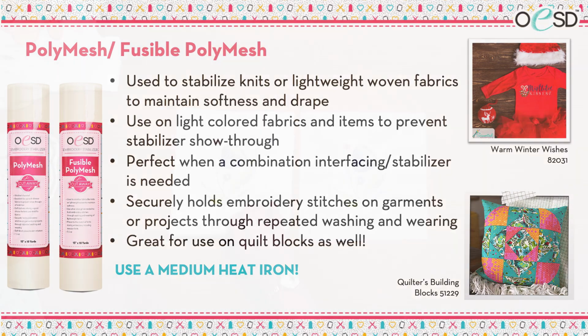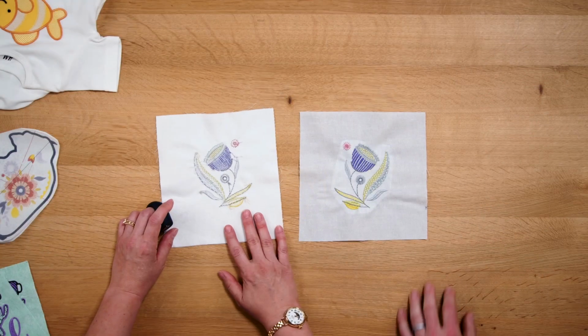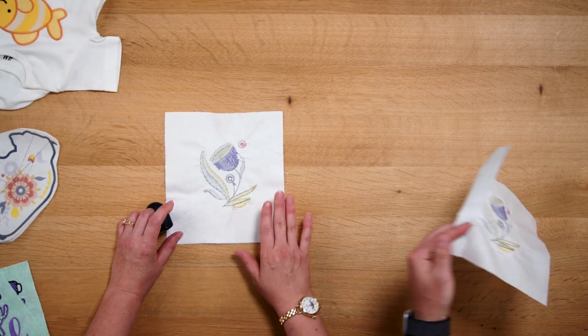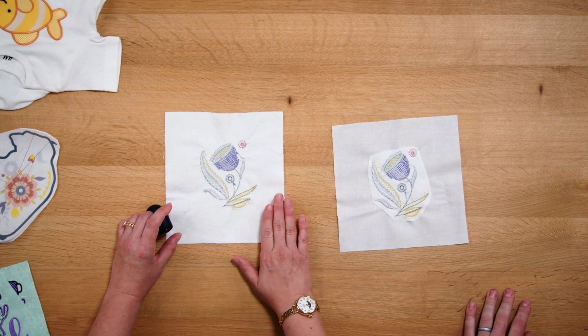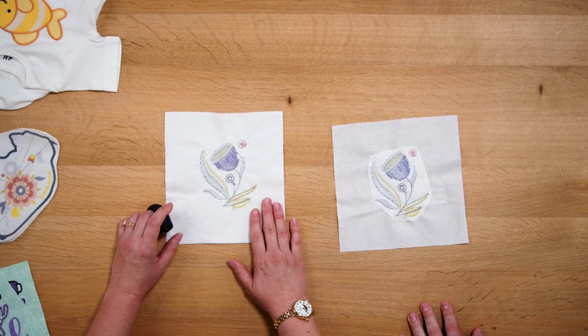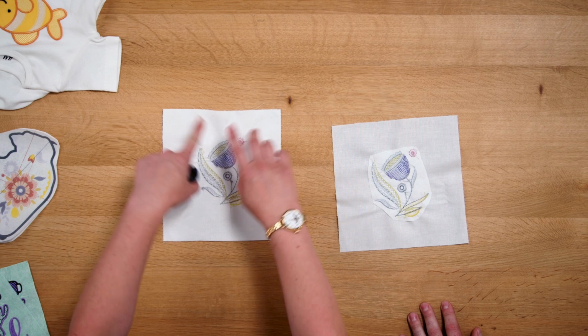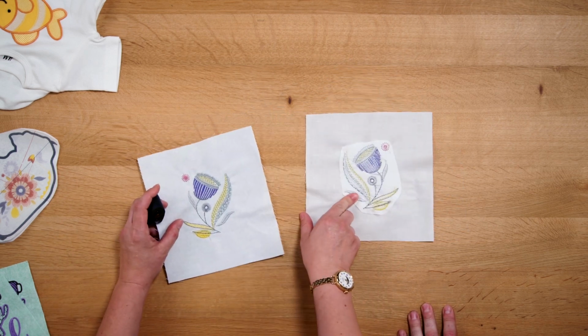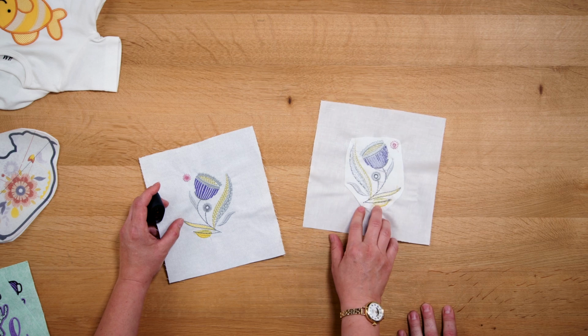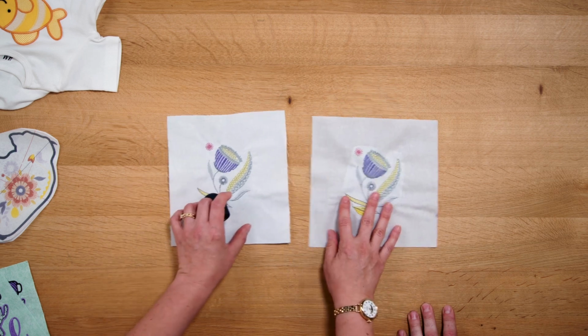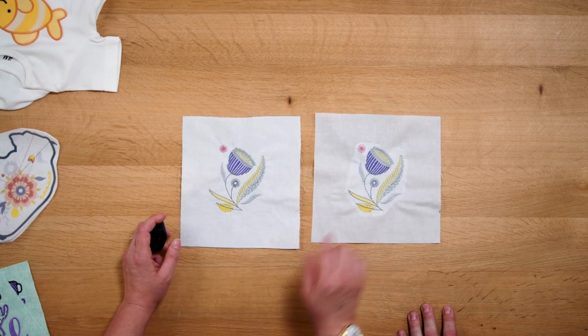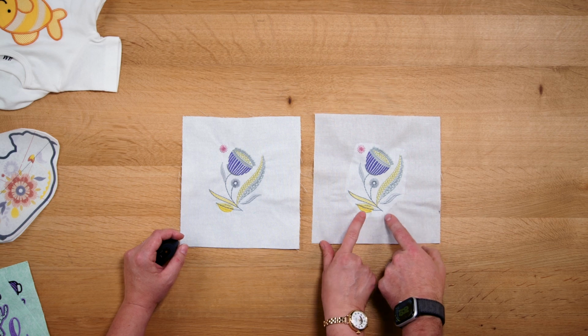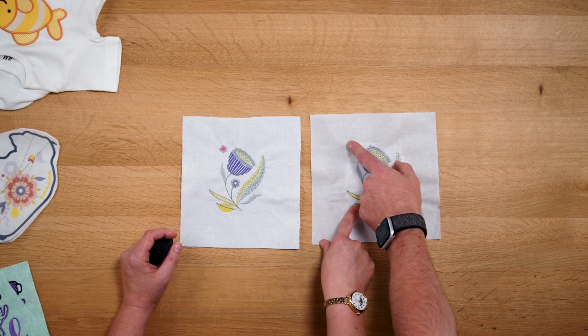That's actually what I did on the back of this quilt block. So I fused polymesh and fusible woven to this piece of quilting cotton, then embroidered it, and then I trimmed it out to size. Because if you saw, this one I just used regular cutaway, like some would do, and then trimmed it away. But if you look at it, it's very easy to see the shadowing behind this cutaway, right?